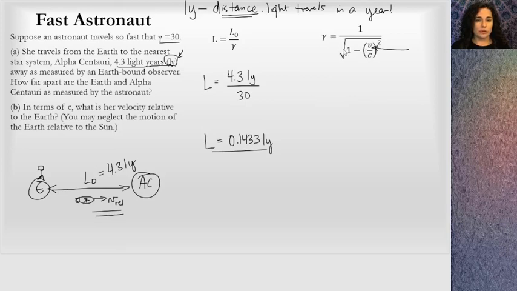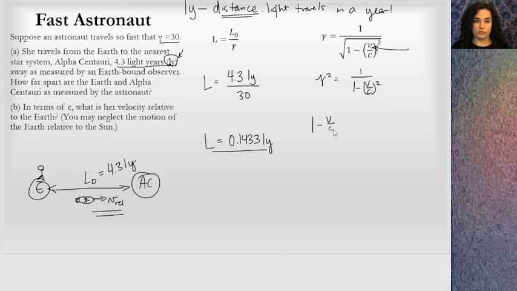The first step I'm going to do is square both sides, gamma squared equals 1 over 1 minus v over c, quantity squared.